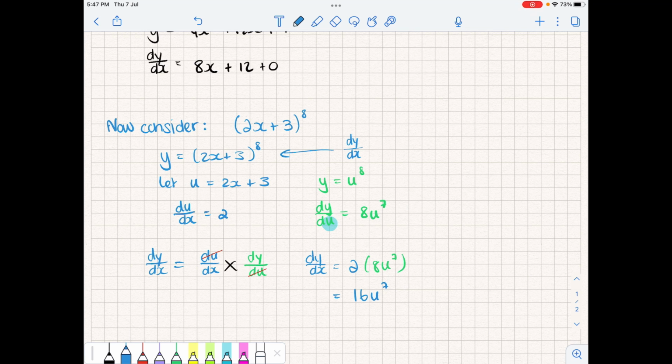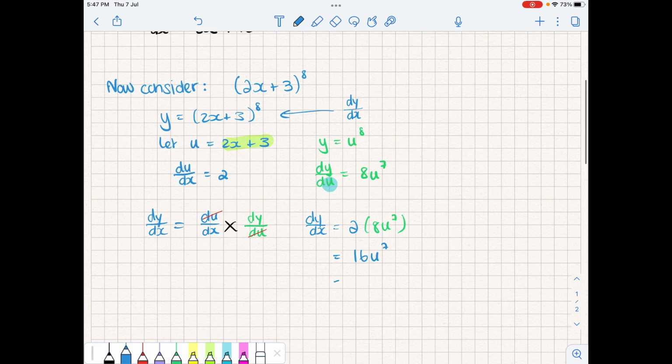And then we need to resubstitute what u actually was, because we didn't want an expression with u, we wanted something with y and x. So we will substitute back our original substitution, which was 2x plus 3, and so we'll get 16(2x plus 3) to the power of 7. And that is essentially what we are doing when we use the chain rule.